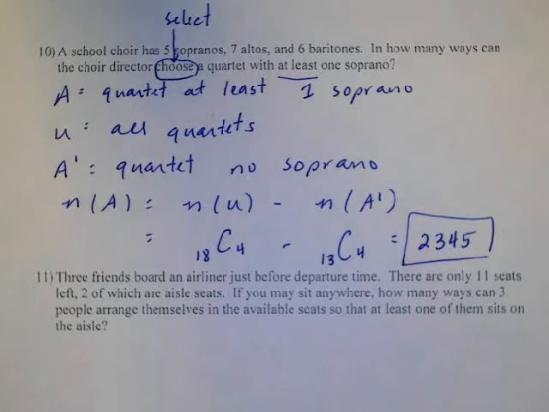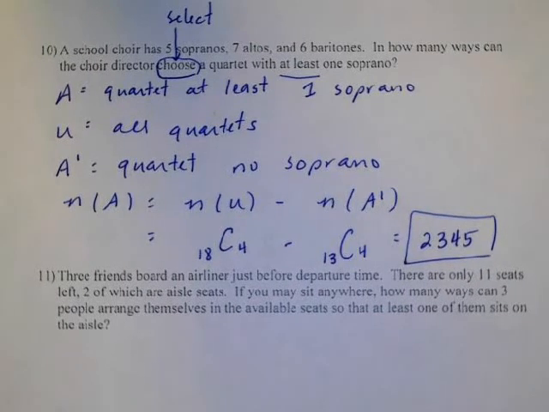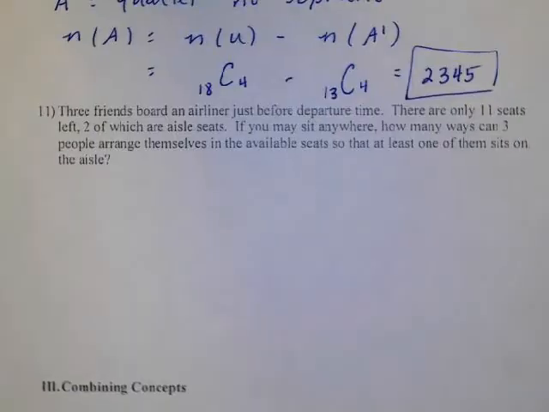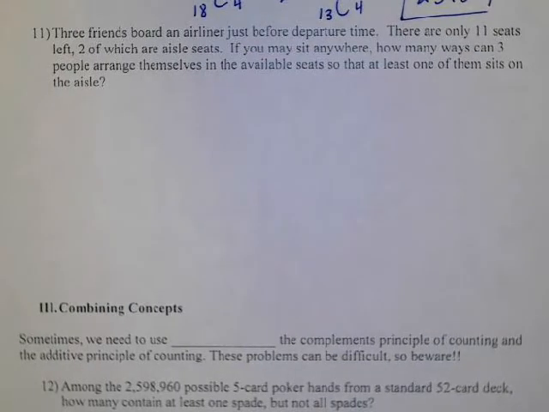11. Three friends board an airliner just before departure time. There are only 11 seats left, 2 of which are aisle seats. If you may sit anywhere, how many ways can 3 people arrange themselves in the available seats so that at least one of them sits on the aisle? Some key words here.